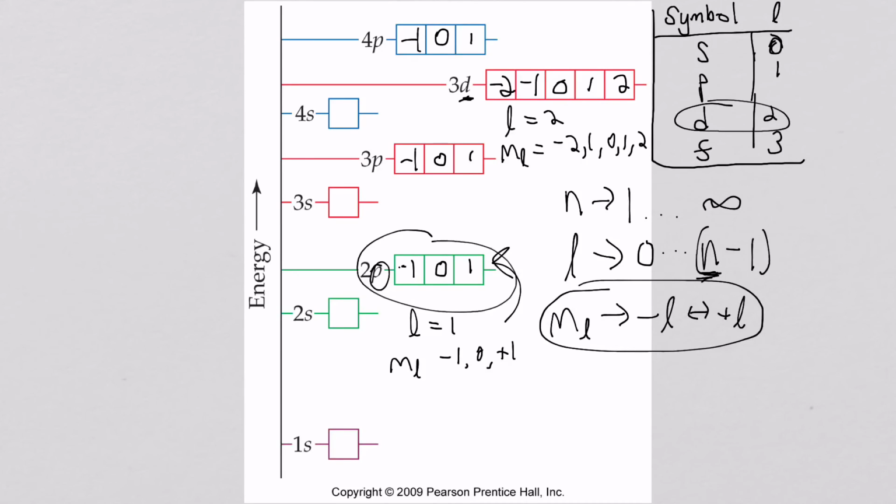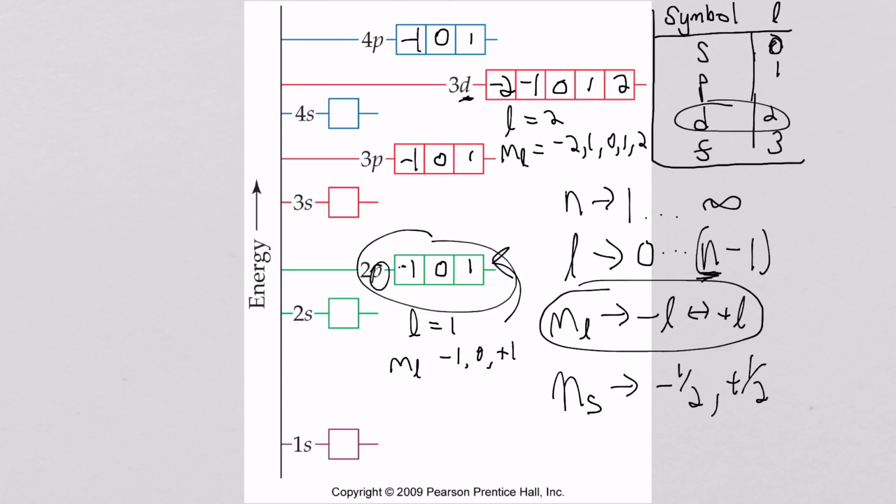Now the final one, which we actually didn't spend much time on in class, is the spin quantum number, which is given the symbol m as well, but this time with a subscript s. That really only ever has 2 values, minus 1/2 or plus 1/2. You'll remember our discussions about the fact that electrons come in 2 different spin types. So in any one of these states, be it the 4s or one of the 3d states or one of the 2p states, it really doesn't matter.